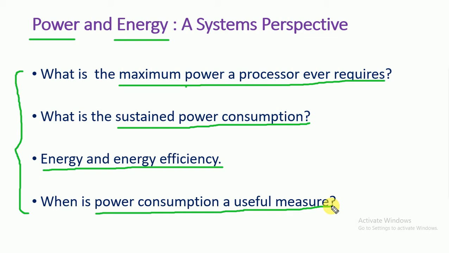In what situation, in which type of machines, is power consumption a useful measure for deciding the advantage or feature of that particular machine? So these 4 points are being proposed from a systems perspective for a general consideration of power and energy.